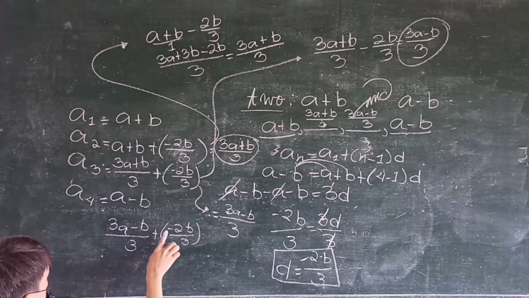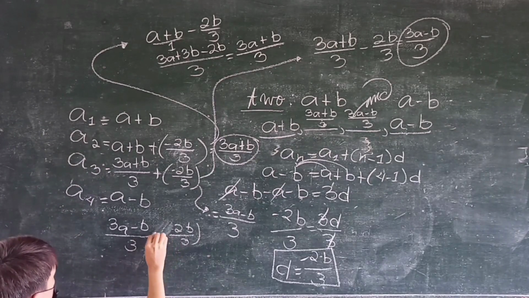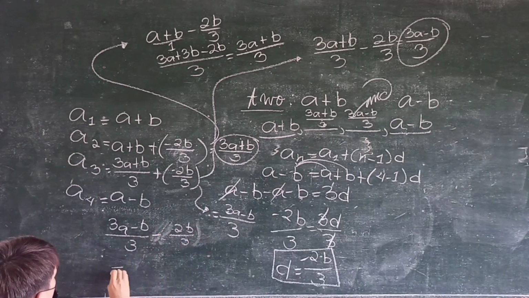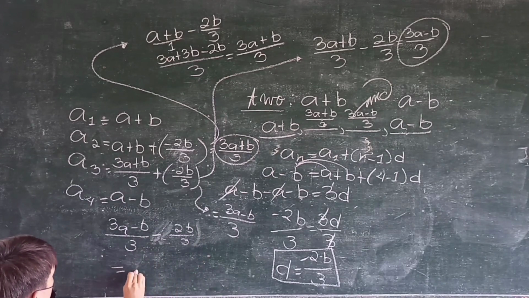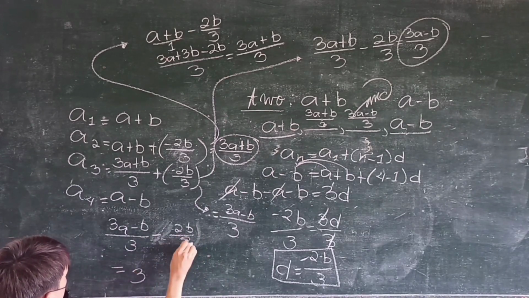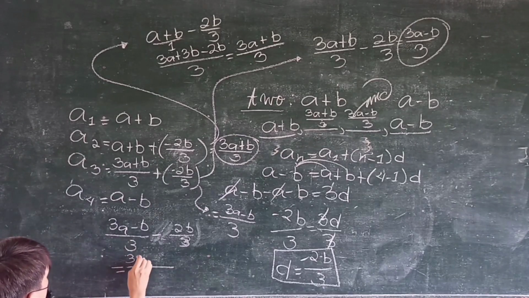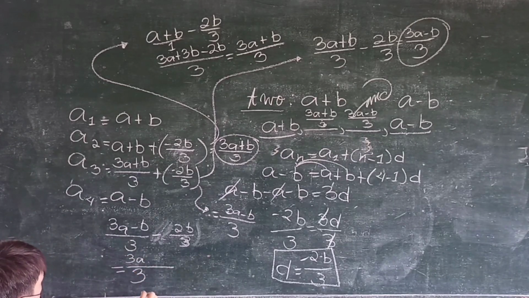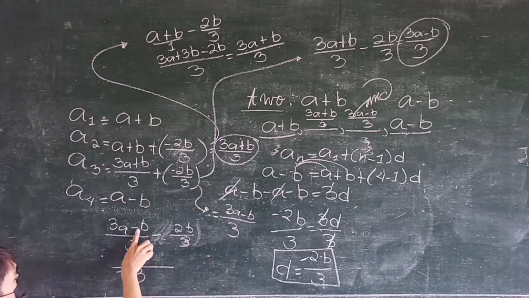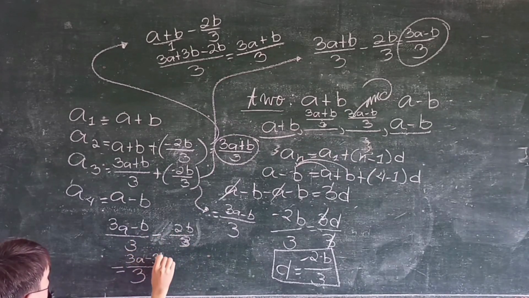Positive times negative is negative, so we proceed directly with the minus. Copy the common denominator, which is 3. Copy 3a. Negative b minus 2b, the same sign, and we have negative 3b.